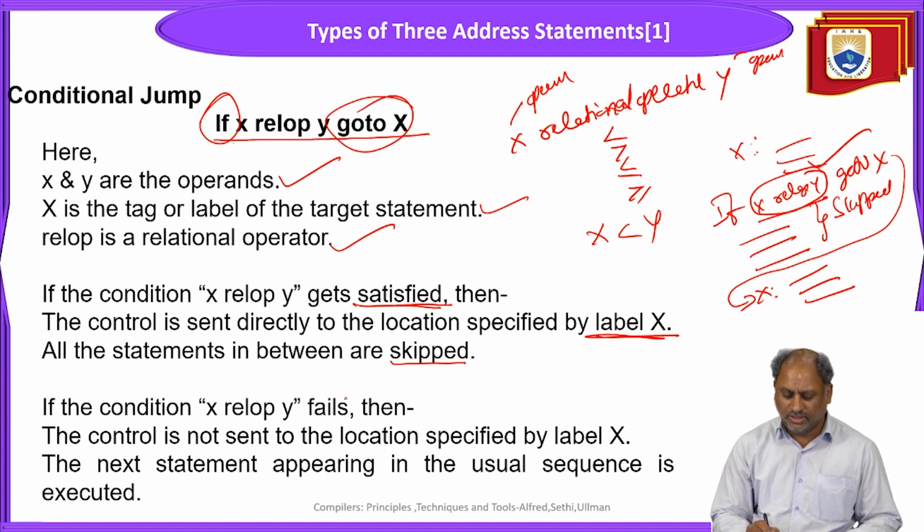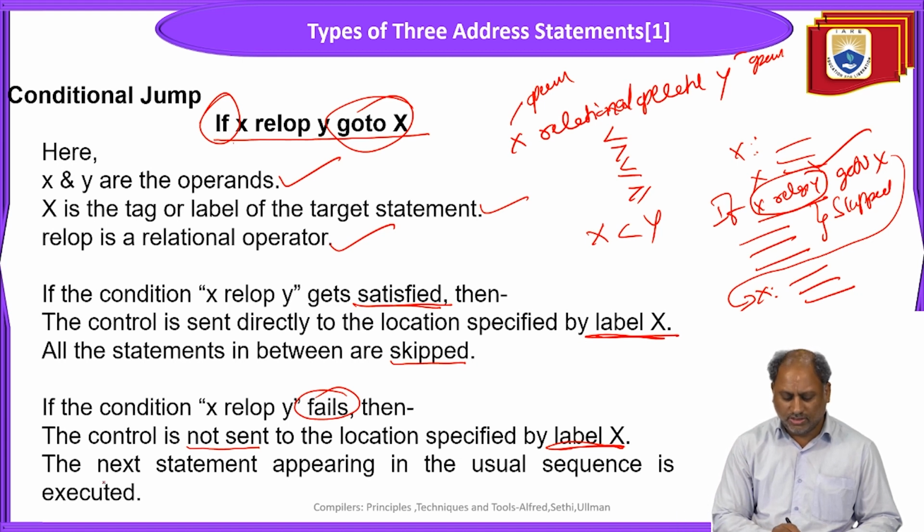Suppose the condition fails. In the previous case the condition passed. Suppose in this case it fails, that means x is not less than y, or there is a different false condition. Then it doesn't go to x. It doesn't send the control to the label specified, so it won't execute the label x.